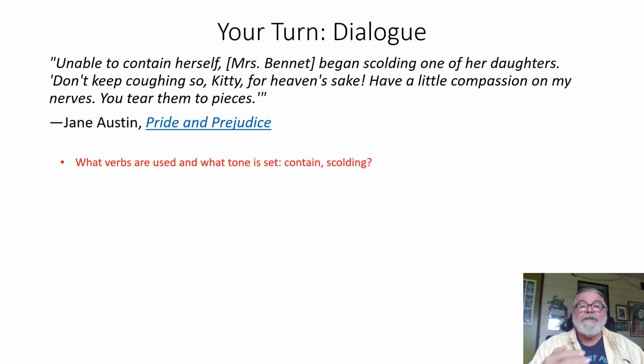So she believes that she's in charge and has the ability to manipulate her daughter's actions. And her daughter's coughing. Can you control coughing? If you've got a cold, she's coughing. And then she says, for heaven's sake, as an exclamation, and have compassion on my nerves. You're tearing them to pieces because she's coughing. What does that reveal about her character? What punctuation did you use and what does it indicate? Well, I see here an exclamation point.